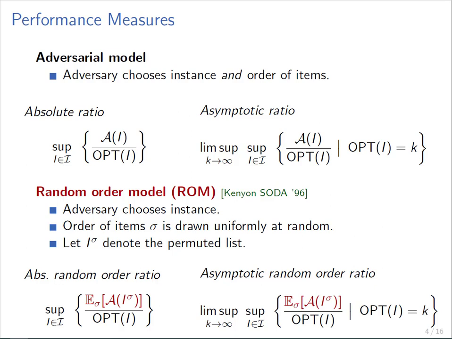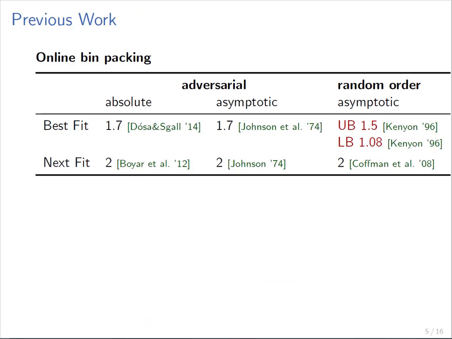We have basically the same terms as in the adversarial model. The only difference is that the number of bins which is used by the online algorithm now is an expectation over the random permutation.